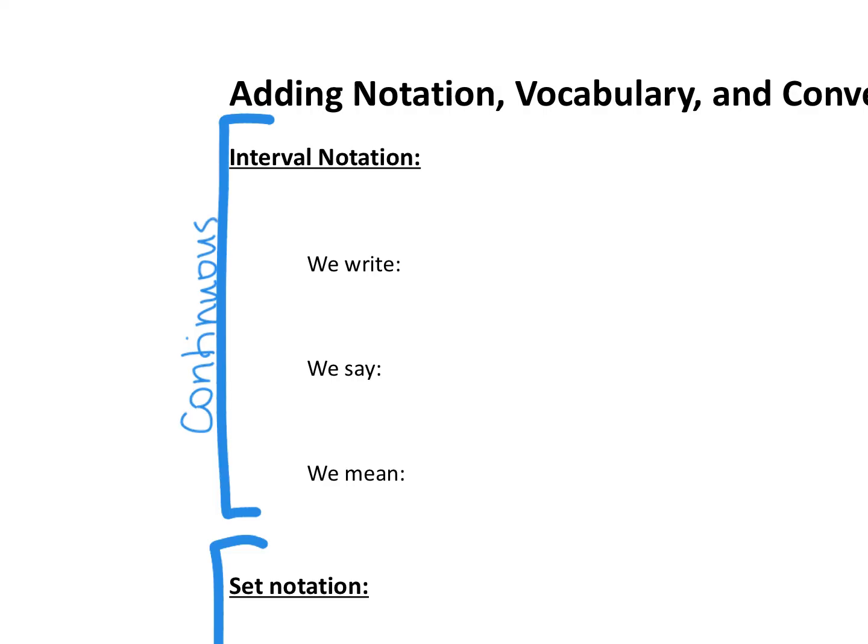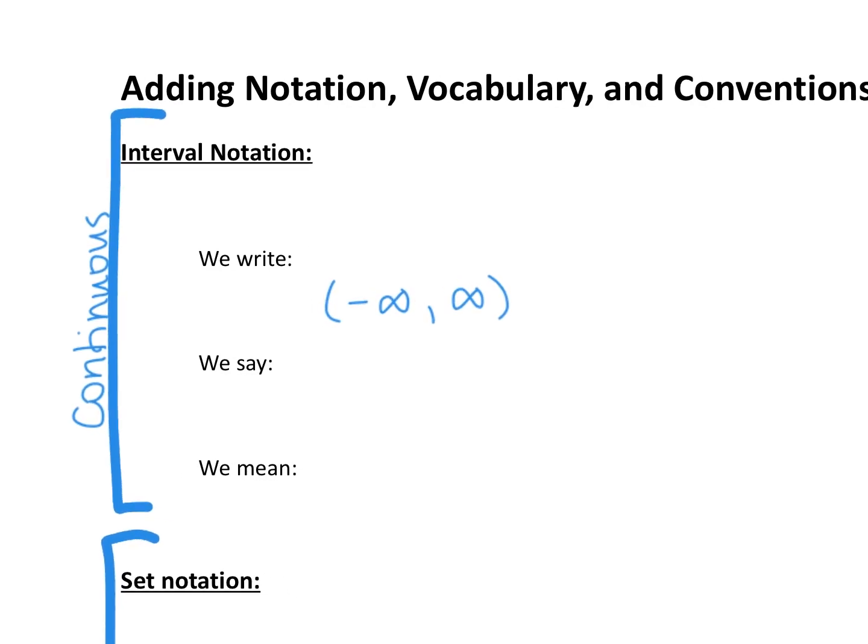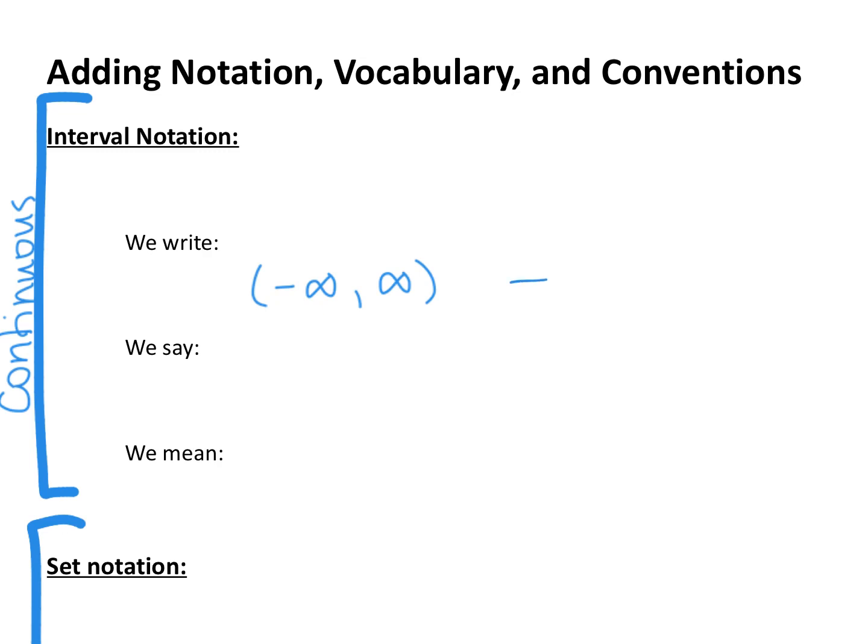Okay, and what we write is parentheses, negative infinity to positive infinity. And basically that is saying where our values start. So the left symbol or number is telling where our domain starts, and the right number is saying where it ends. What would we say if we wrote something like that?